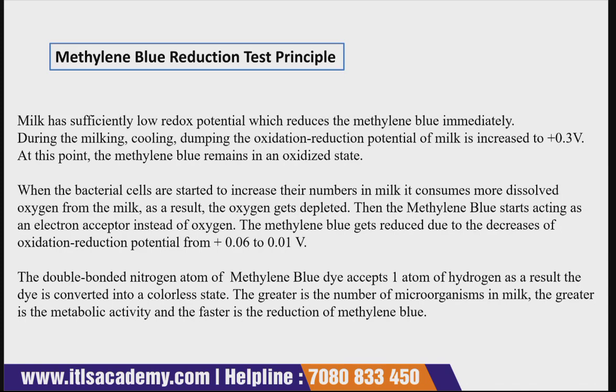Okay, because methylene blue is a redox indicator, it starts losing its color, and bacterial metabolism causes the decrease of oxygen in the milk due to the formation of reducing substances.